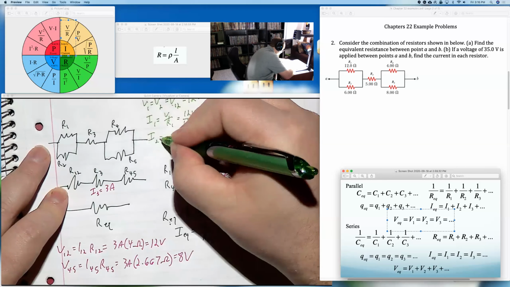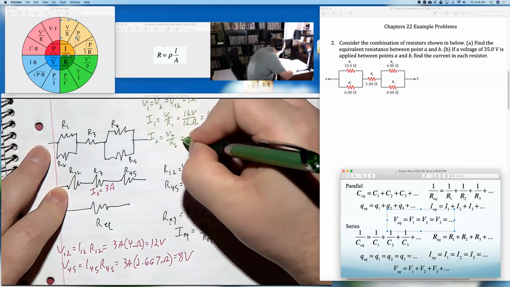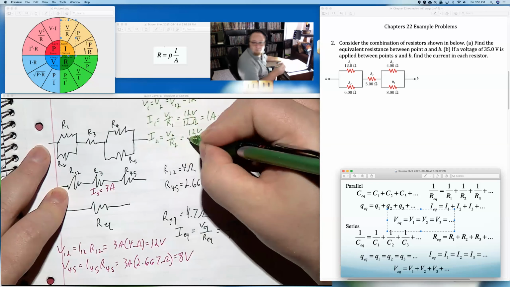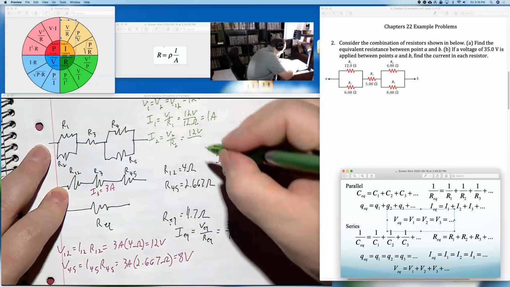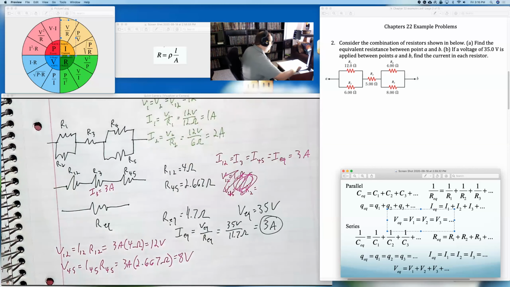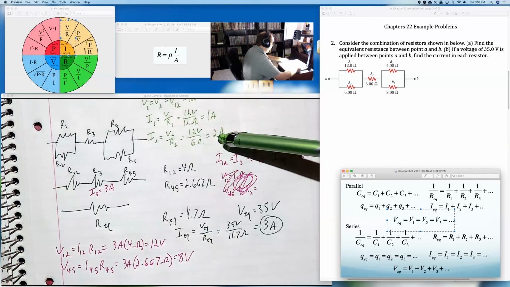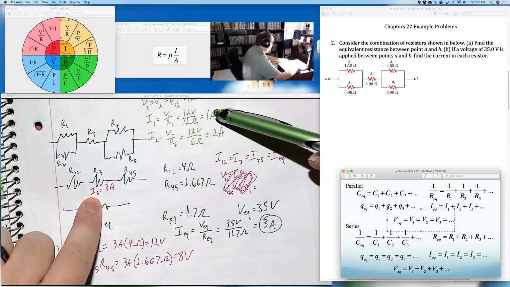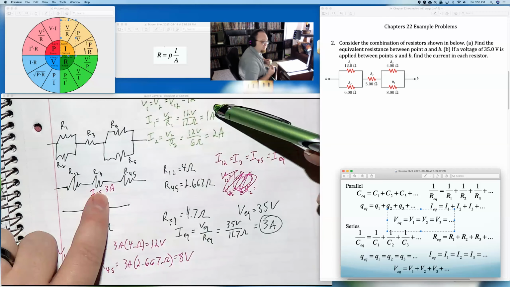I2 is V2 over R2, or 12 volts over 6 ohms. Now, of note, 2 plus 1 is 3, which is good, because that was the equivalent current when they were added together, so it's good to make sure.